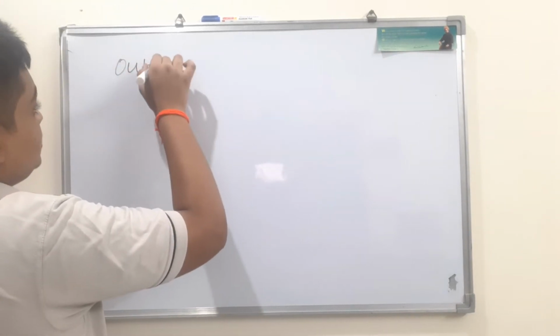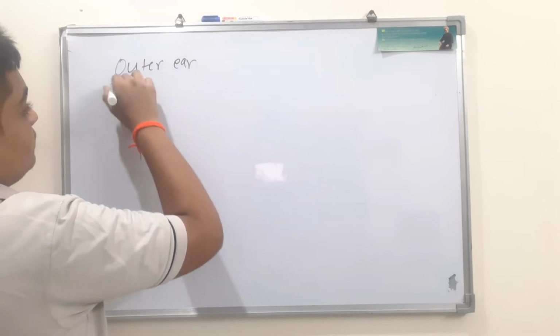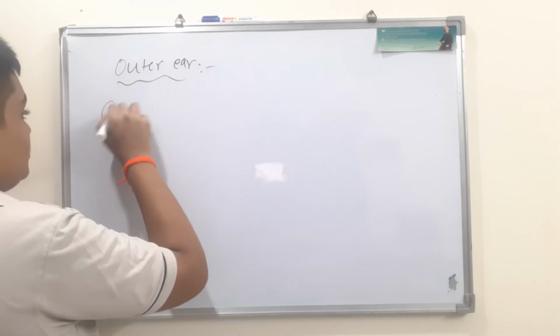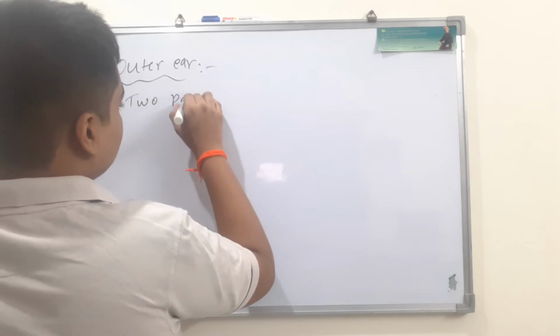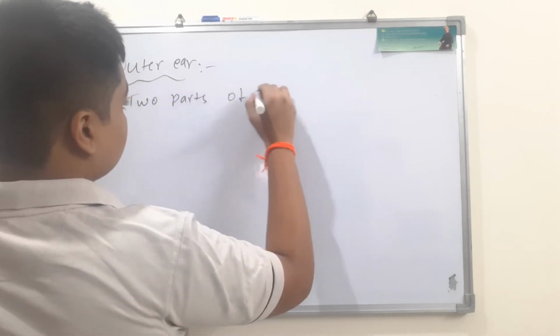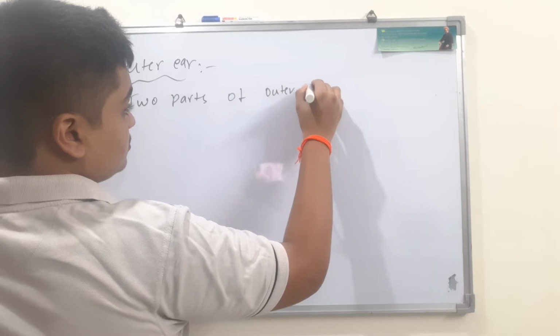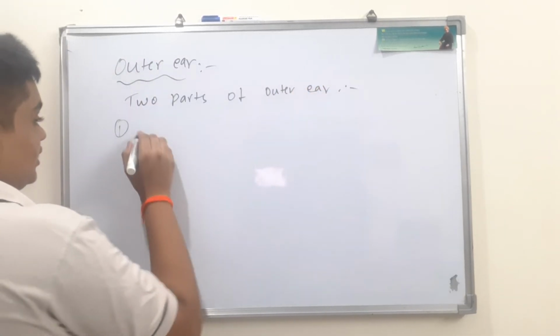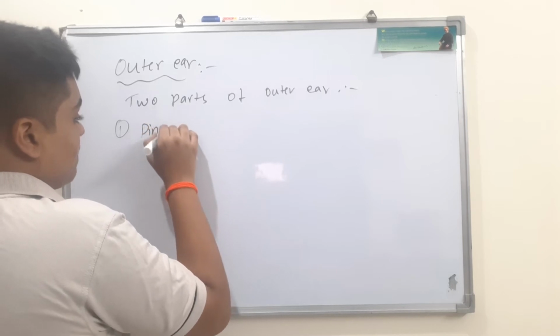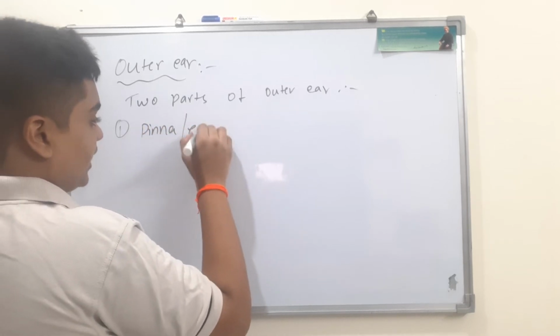Put the side heading outer ear. Make underlining. Put the two parts of outer ear. Number one, pinna or external ear.